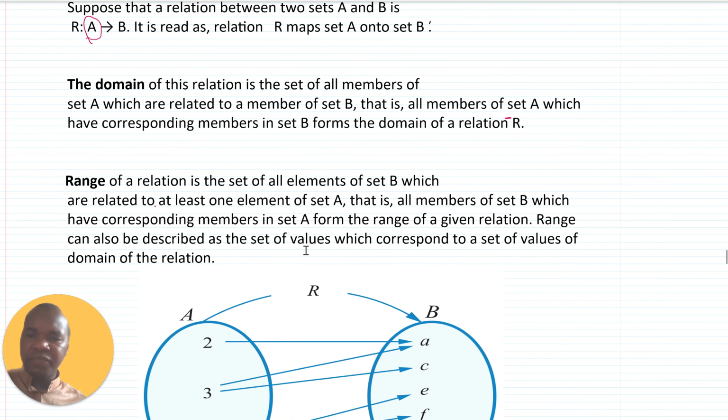And what about range? The range of a relation is the set of all elements of set B which are related to at least one element of set A. This detail is really important: the members of set B are related in such a way that at least one element of set A is related to a member of set B. So for range, we are talking of all members of set B having their correspondence in set A, dear students.